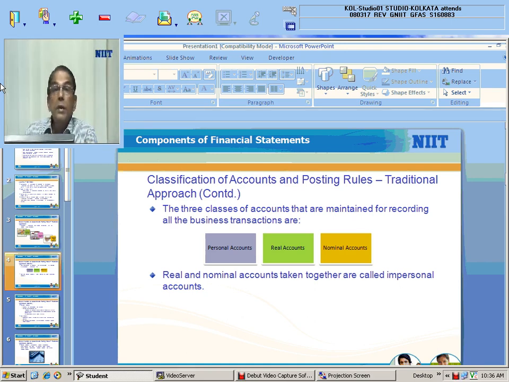We call them real accounts and nominal accounts. So first we have personal accounts and impersonal accounts, two categories or two types. And within impersonal accounts, we have again two types or two categories, that is real accounts and nominal accounts.